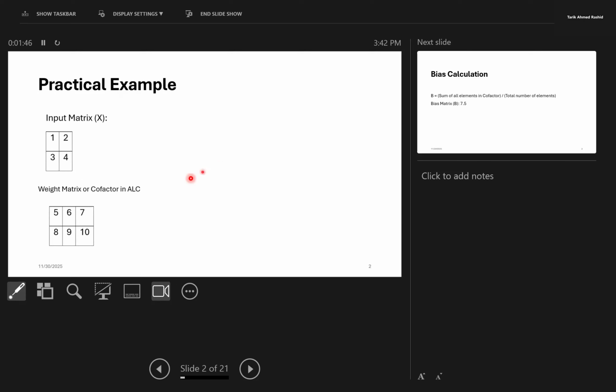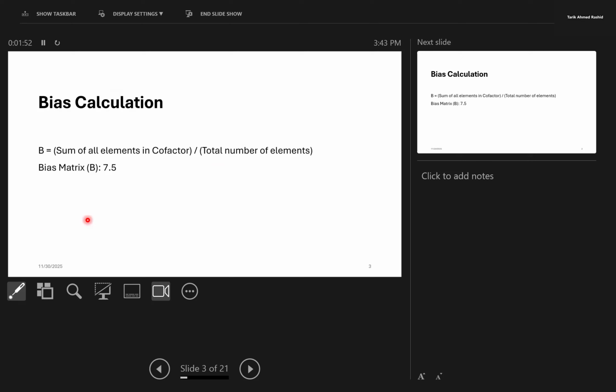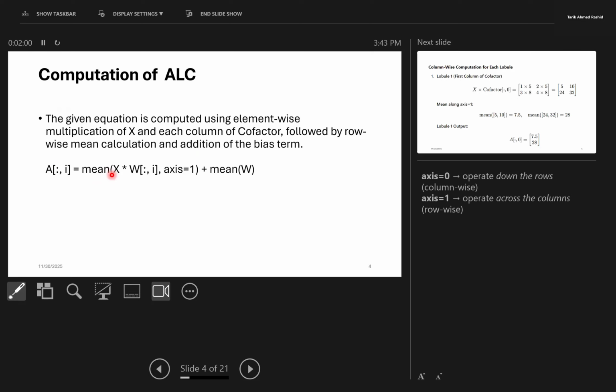So 5, 6, 7, 8, 9, 10, sum them and divide by 6, and you will have the bias in ALC.